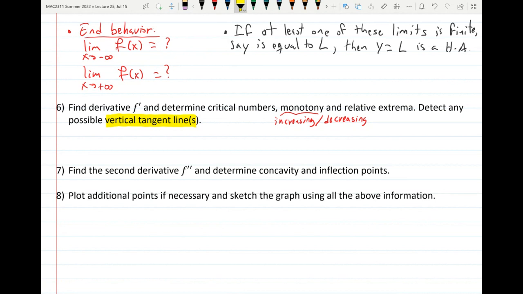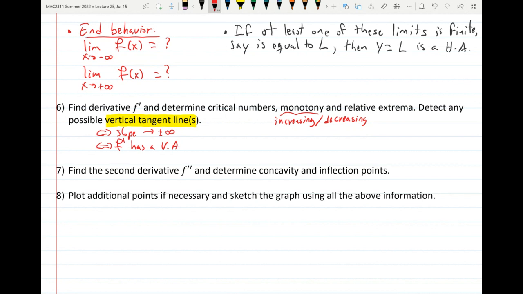If you want to know the points at which you may have vertical tangent lines, that's equivalent to saying that the slope approaches positive or negative infinity, which is equivalent to saying that f prime has a vertical asymptote. So when you find the first derivative, take a peek at the formula and think about whether that function has one.